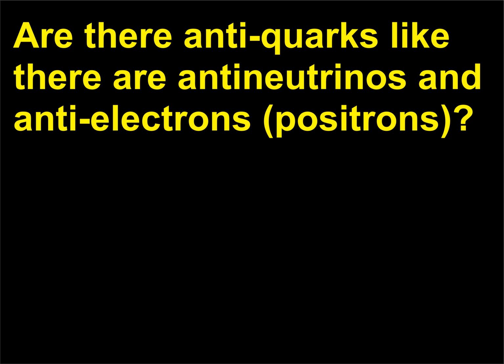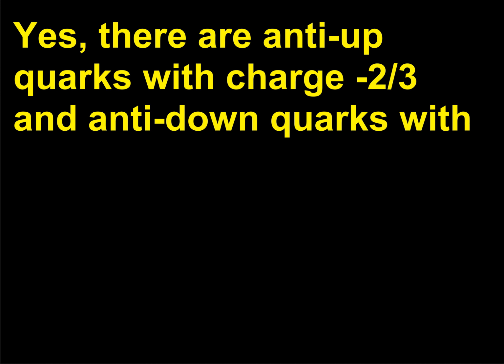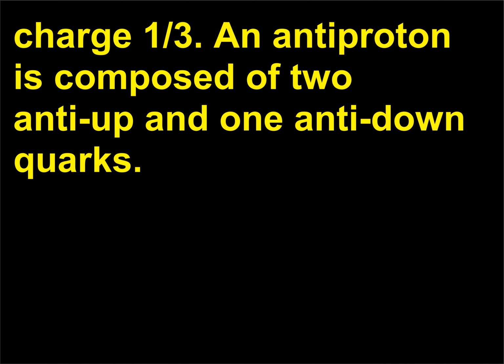Are there antiquarks like there are antineutrinos and antielectrons, positrons? Yes, there are anti-up quarks with charge -2/3 and anti-down quarks with charge 1/3. An antiproton is composed of 2 anti-up and 1 anti-down quarks.